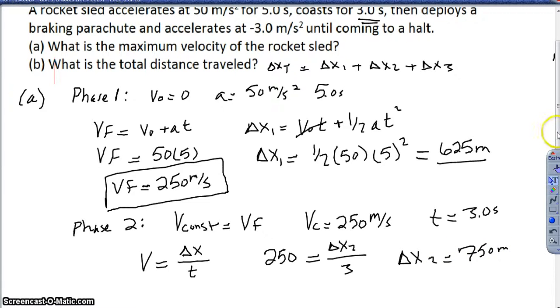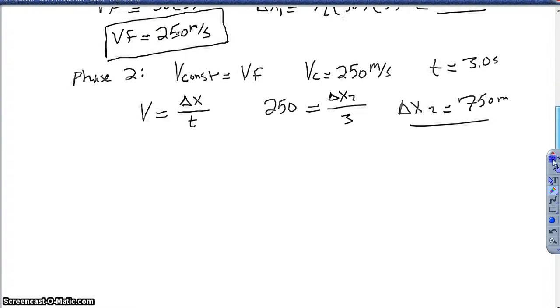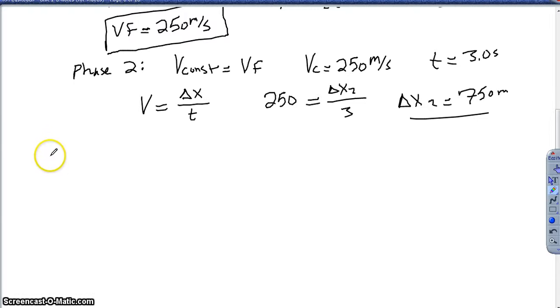Okay, so the first 2 stages here hopefully weren't too bad, right? So then finding the third, right? I've got to find the third stage of motion. So I know in this particular case that for phase 3, right, it starts to slow down. The initial velocity would be the velocity that we were just moving at, right?